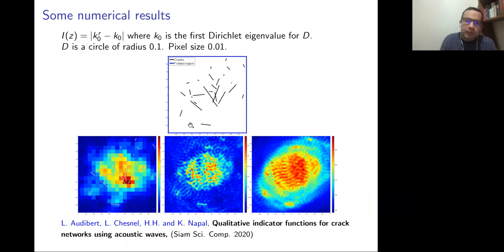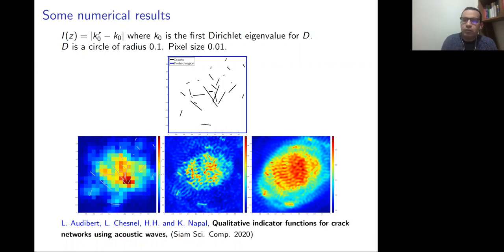The only thing you can do, for example, if these are small cracks, is try to homogenize and obtain some equivalent material and then try to recover the variation of this material. But what we do here does not need that. The cracks can be very long, can be whatever.